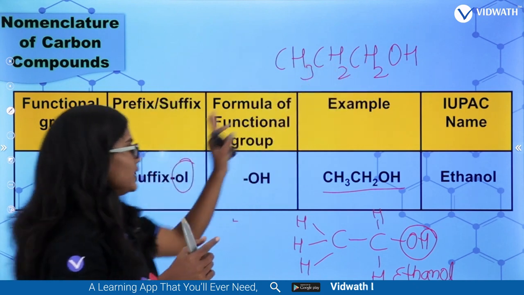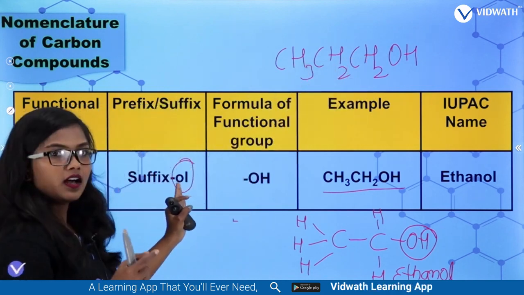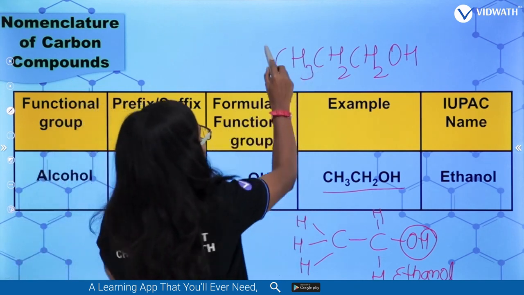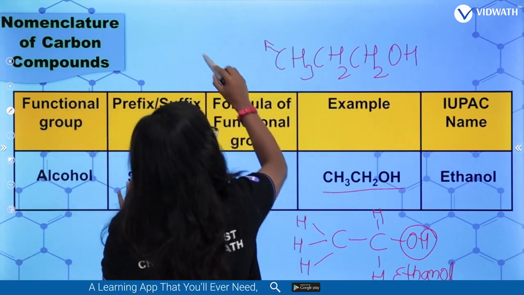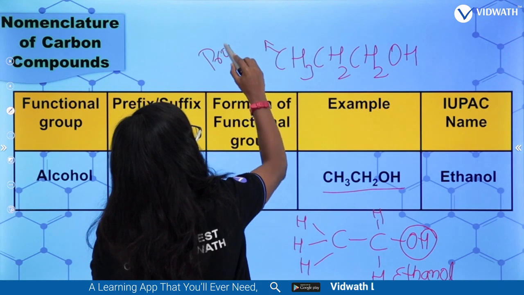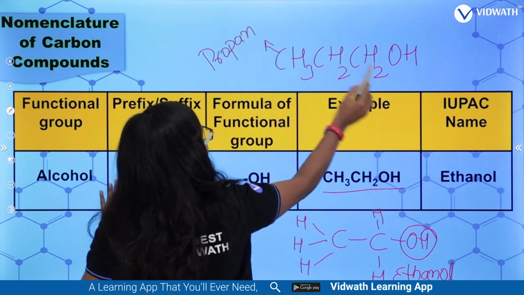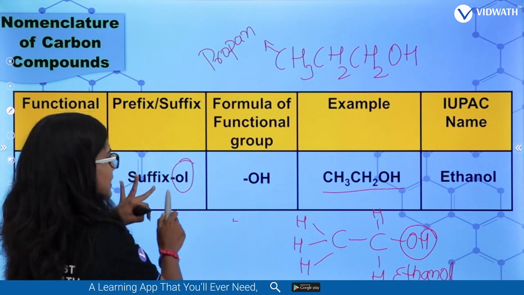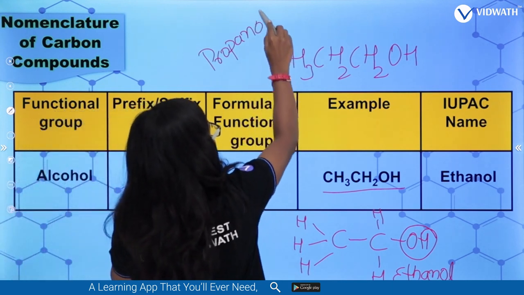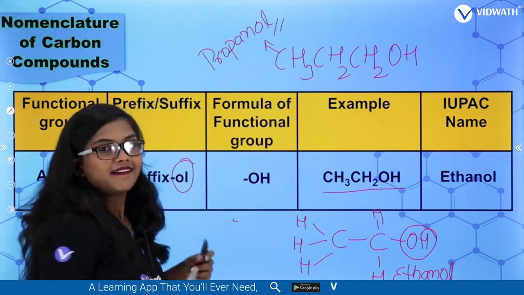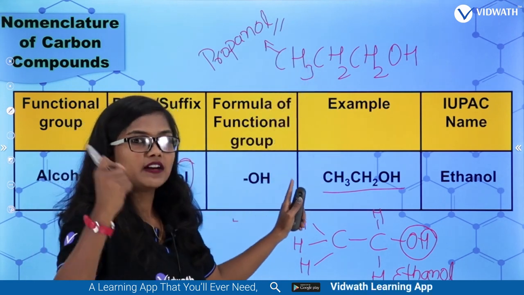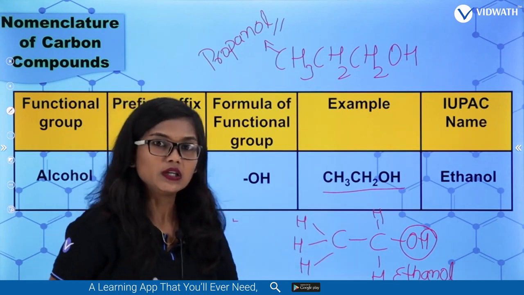So OH is used as a suffix and OH is nothing but "ol". So this will be propanol. As we have the functional group OH, which is alcohol, we use it as a suffix. So we call it propanol. Clear everyone? So that's about the hydrocarbon compound containing the functional group OH, alcohol.